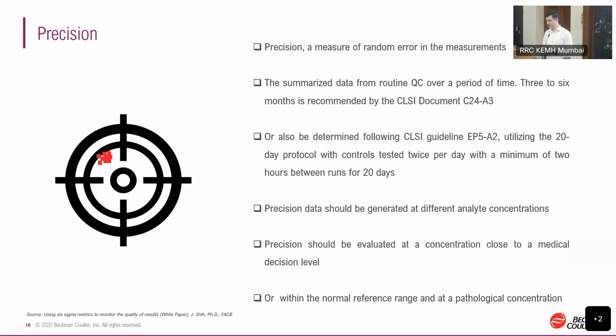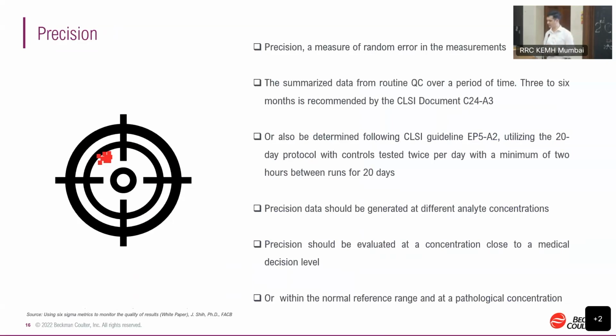CLSI document C24-A3 suggests 3 to 6 months of data is representative. The other way is you can determine the CV using the 20-day protocol, in which you need to test the control twice a day, with a minimum 2-hour difference, and that should be run for 20 days.